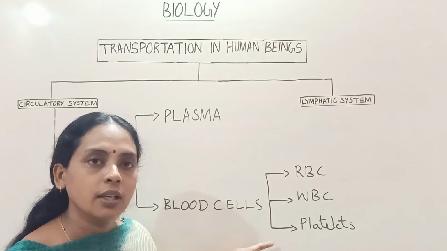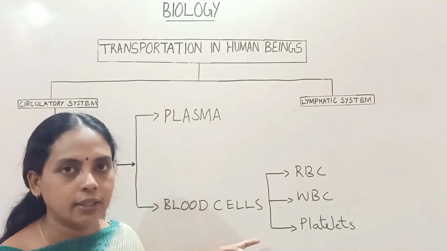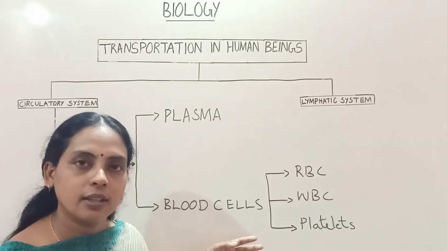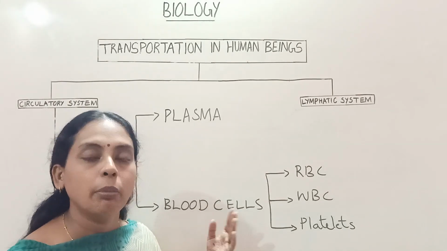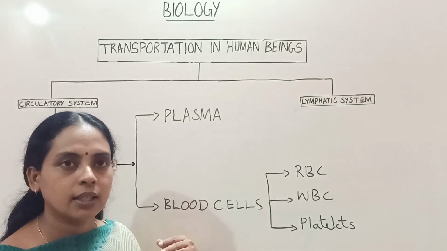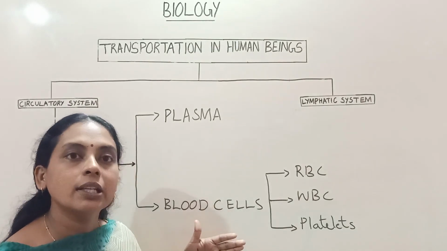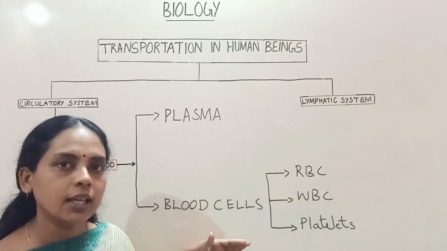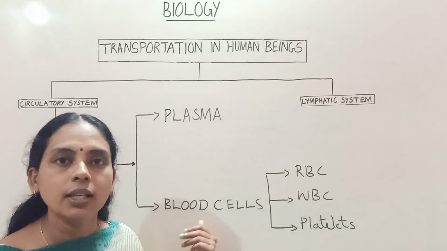It helps in clotting of blood. Blood clotting is actually a complex process maintained by platelets. But in 10th standard, we don't discuss in detail the chemical reactions which take place in blood clotting. In higher classes you will be learning that.